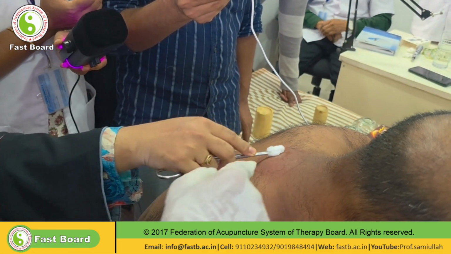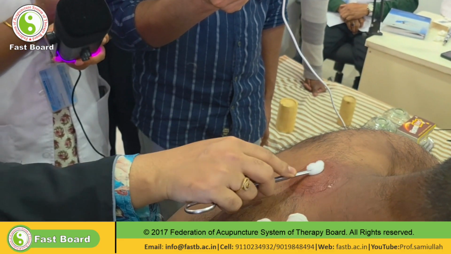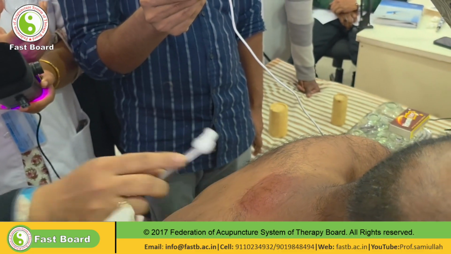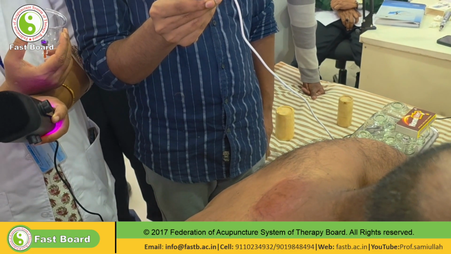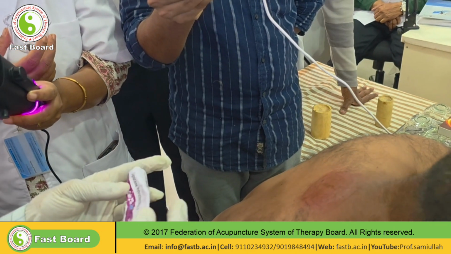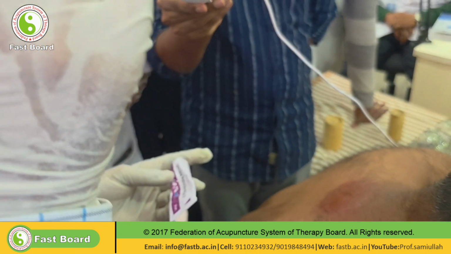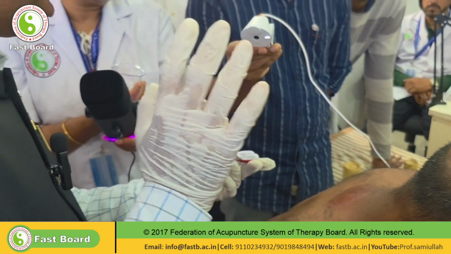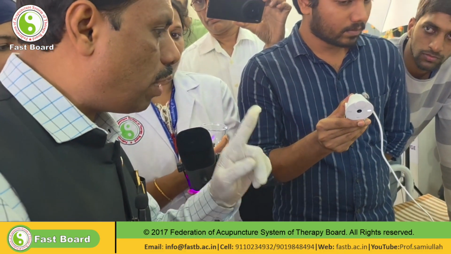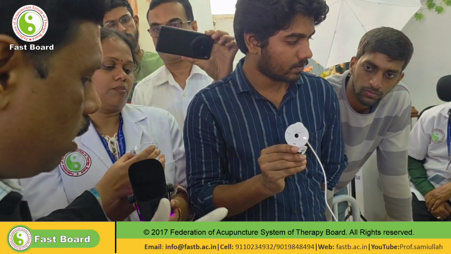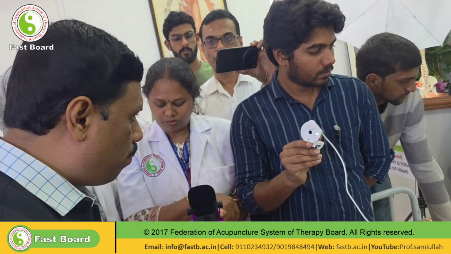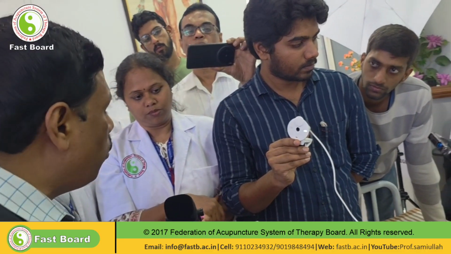Now we are applying a gel, known as xylocaine jelly. We are using it as an anesthetic gel, as normally used in modern medicine. You can see we are using a 2% lignocaine hydrochloride gel, but we can use 2% or 5% gel; I recommend xylocaine jelly 5%. I'll repeat once again, xylocaine jelly 5%, for local application to make the region anesthetized.